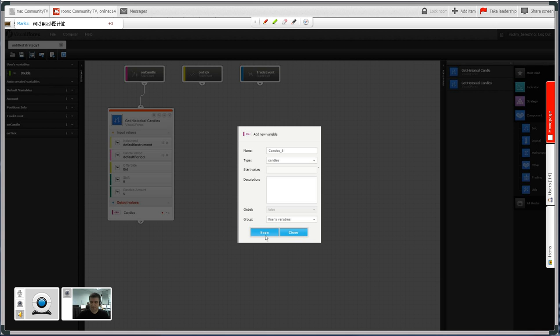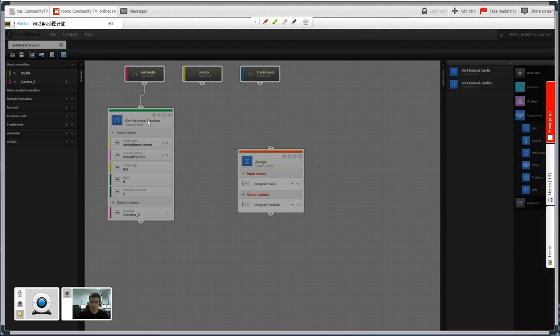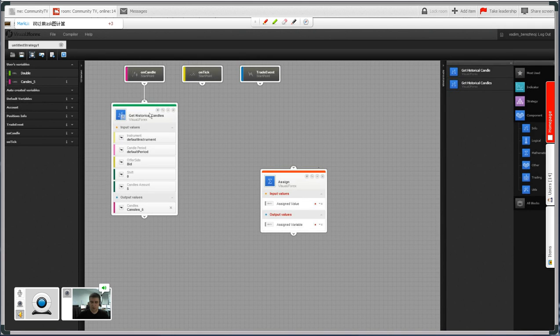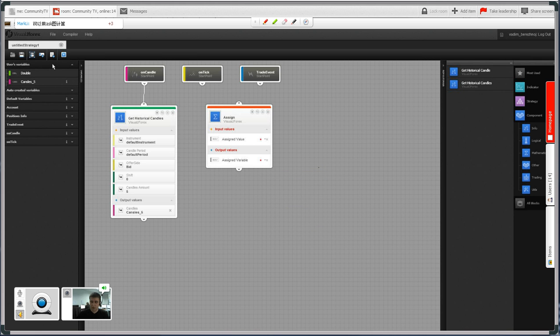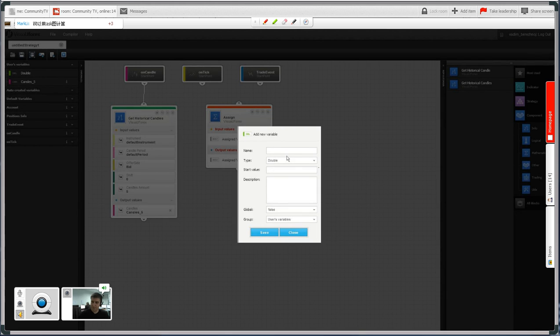Yep. Then, if we want to find the highest point of those 5 candles, first we create a variable highest high. Later it would store that exact point.